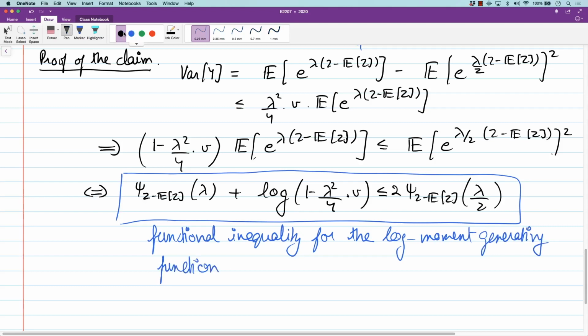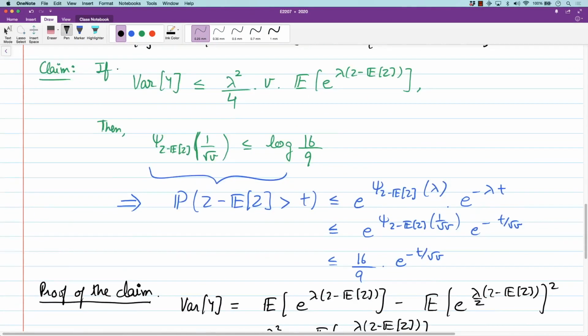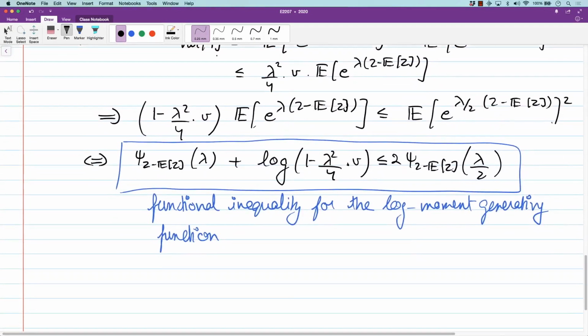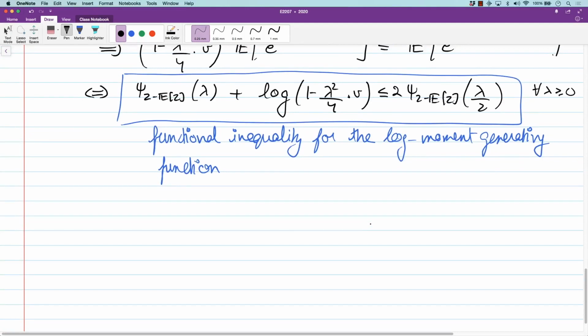And this property, by the way, we are assuming holds for all lambda greater than or equal to 0. Okay. So once you have this property, what we are claiming is that this implies some bound for this function itself.